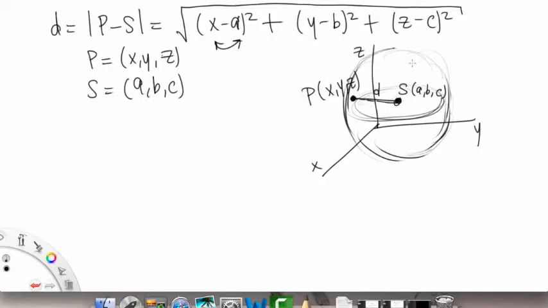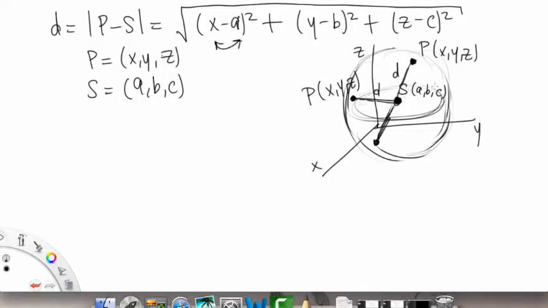Now let's say P were over here instead, still some X, Y, Z coordinates, and this was the same distance. What we actually have is that no matter where you move, if this is the same distance, then we have a radius. Our distance is the radius of a sphere if the distance between 2 points is the same.